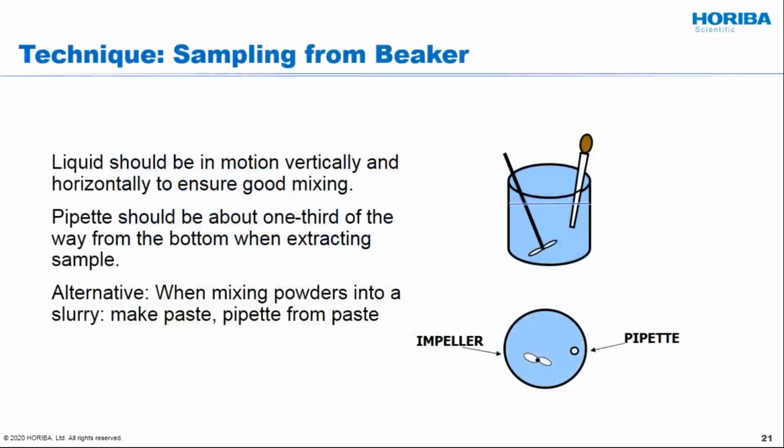Even, you would think, gosh, a liquid stirring in a beaker should really be something easy to sample. But again, you have the same issue. Things close to the impeller are going to be different than what's up at the top of the beaker or at the bottom of the beaker.